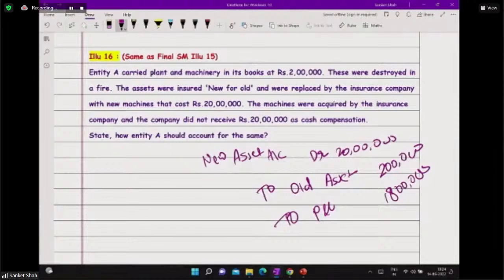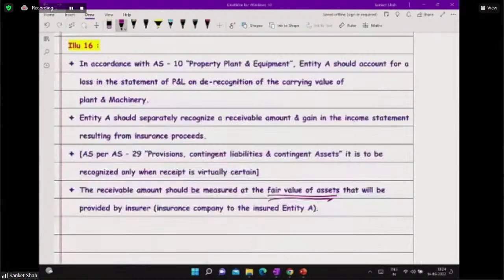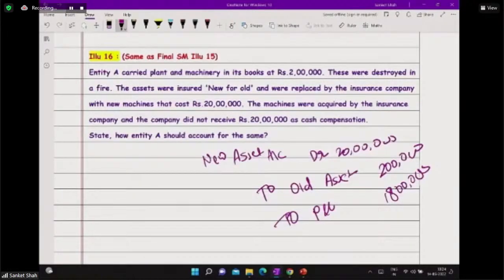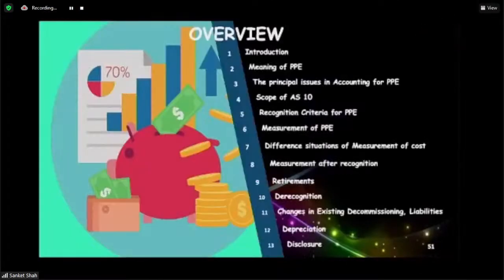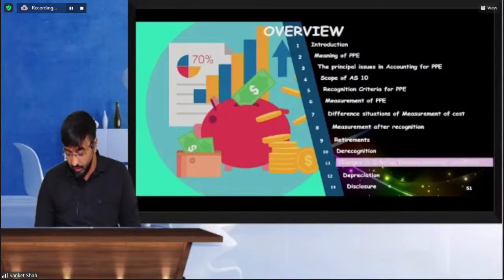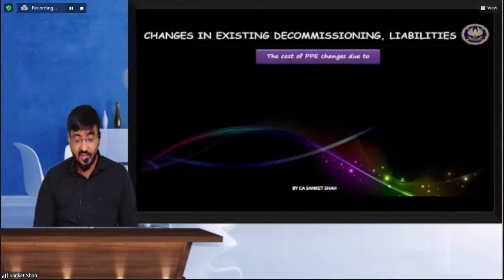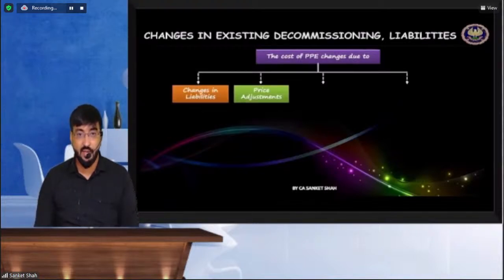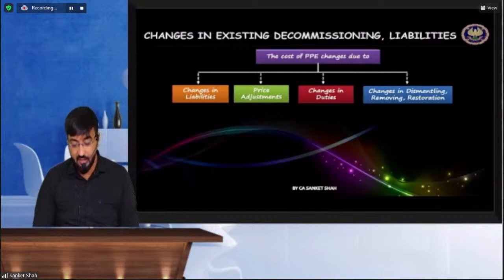Next one. Now, before depreciation, if there are changes in existing decommissioning and liabilities, the cost of PPE changes due to changes in liability, price adjustments, changes in duties, and changes in dismantling, removing, and restoration.